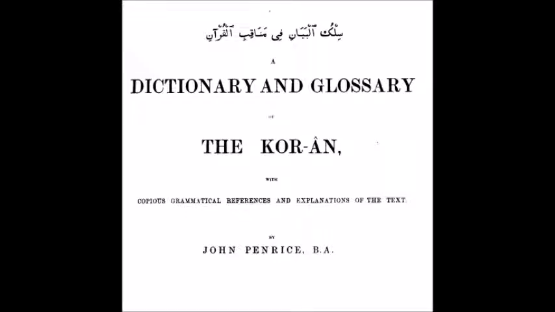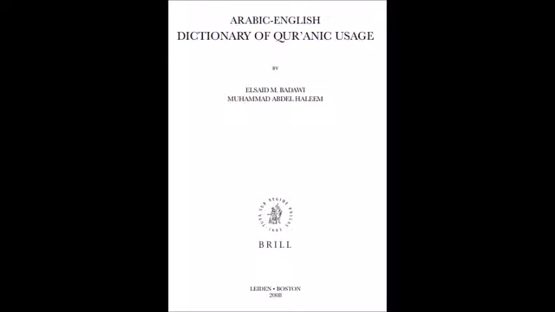So in order to obviate these mistakes and to minimize the mistakes as much as possible, what I will do is I will use this book. It's called A Dictionary and Glossary of the Qur'an, Copious Grammatical References and Explanation of the Text by John Penrice. I will couple that with another book, called Arabic English Dictionary of Quranic Usage by Sayyid M. Badawi and Muhammad Abdel Haleem.